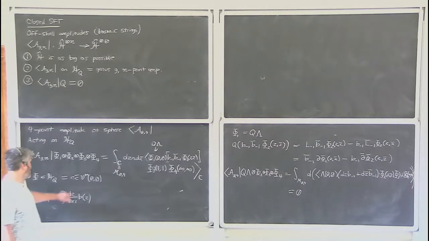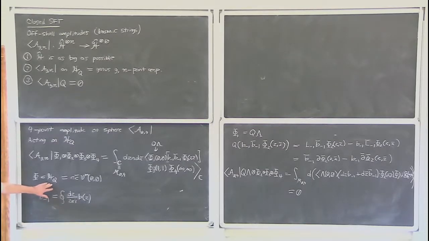So it's a representative of the cohomology. You could say this is a space of linearized solutions of the closed string field theory equations of motion modulo gauge transformation. So that means it's an on-shell state.